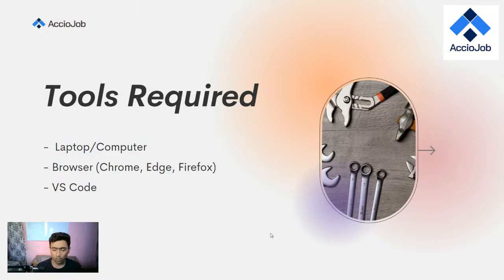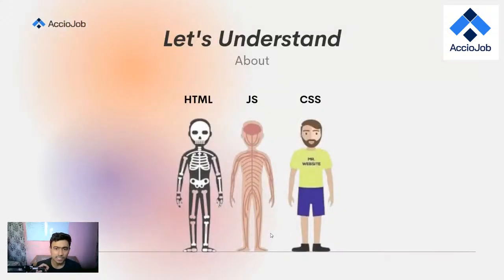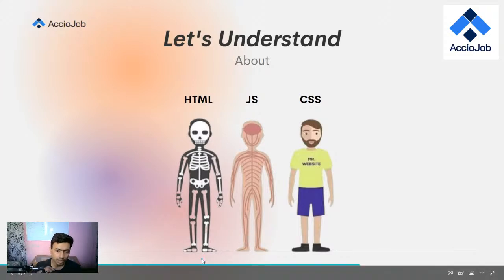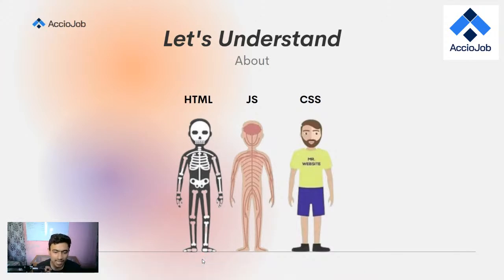So now let's understand what exactly HTML and CSS are. Let's start from the very basics, though most of you have basic knowledge about it. Let's understand what exactly HTML is. Take an example of a human. Take it like a human is a website. As a human, we have a structuring thing in our body known as bones that gives structure to our body.